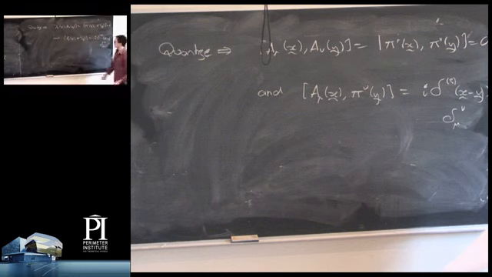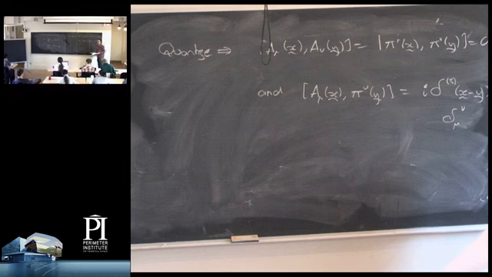We're going to work in the Schrödinger picture to begin with, because there's little twiddles under the arguments here. So these are the standard commutation relations that we would impose.